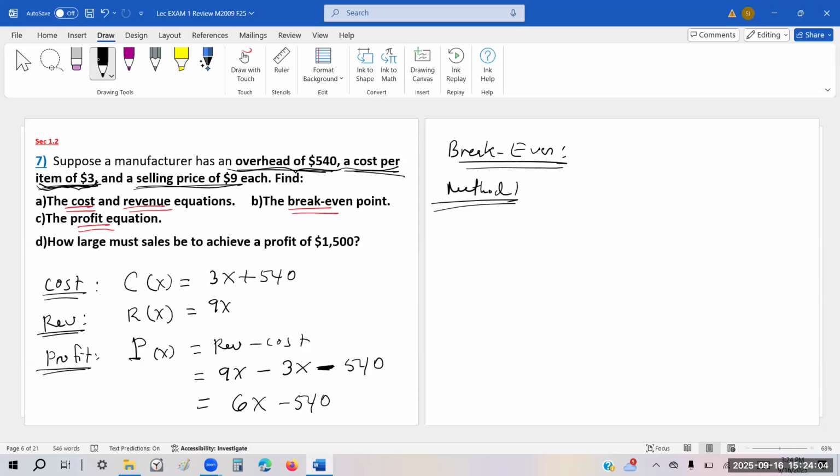Revenue equals cost. That's one method. And then who can tell me the second method? Good job. Profit equals 0. So depending on what information you have, either you use method 1 or you use method 2. This time you already have a profit function. So if you want to use the profit function, all you have to do is, oh man, my computer is done.